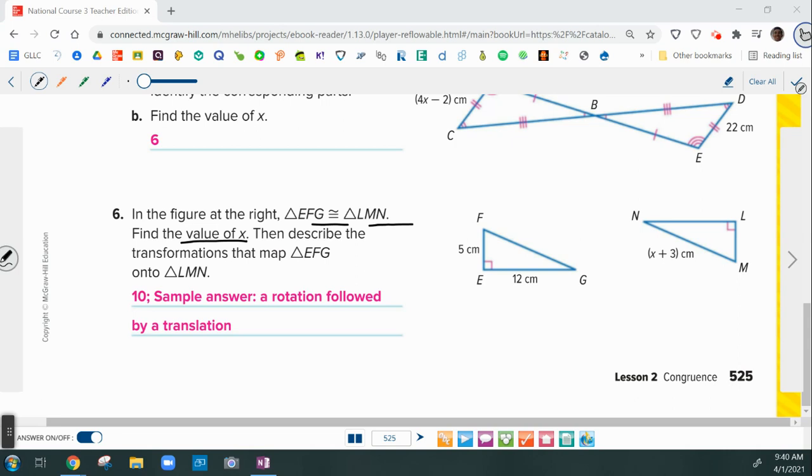Well, like we did up here, they gave us all the information we needed right off the bat to make our equation. But right here, we have x in this part, but its corresponding side is missing.